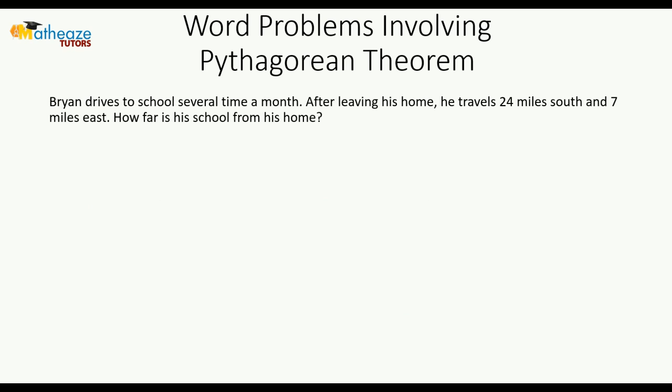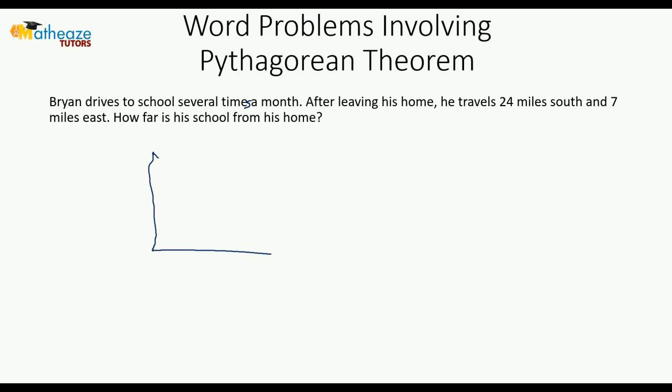Brian drives to school several times a month. After leaving his home, he travels 24 miles south and 7 miles east. How far is his school from his home? So he travels 24 miles south and then 7 miles east.